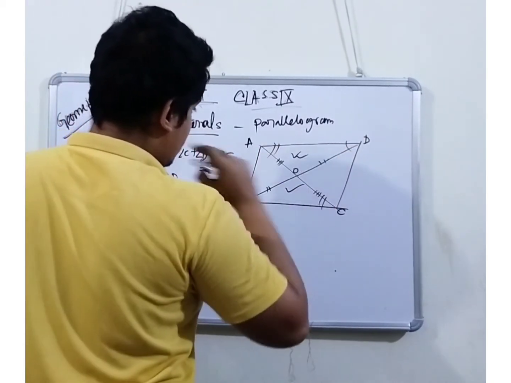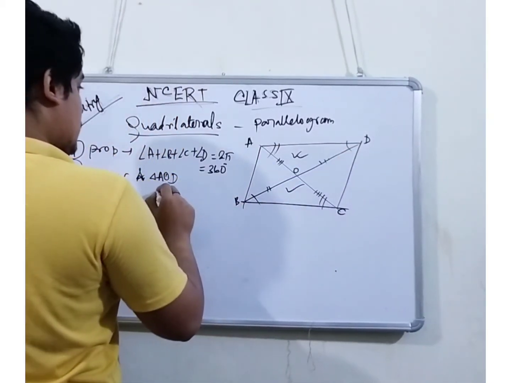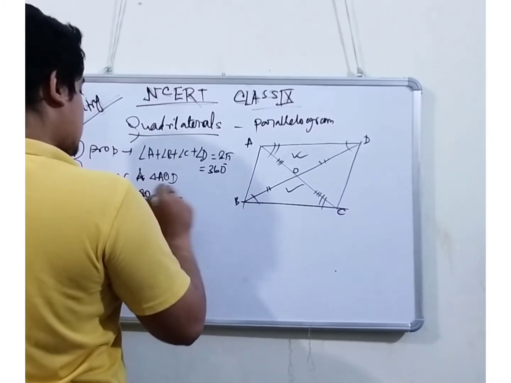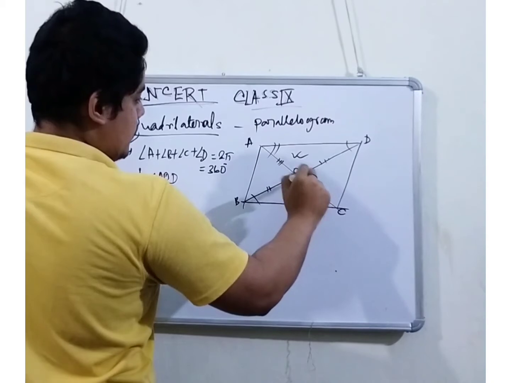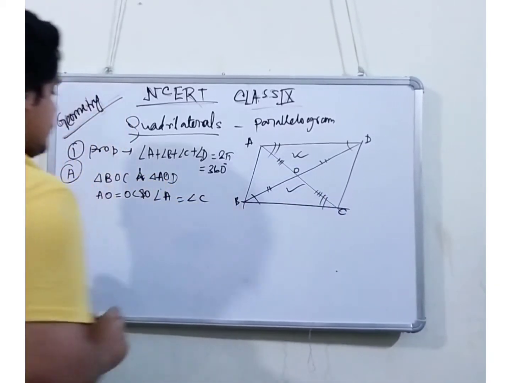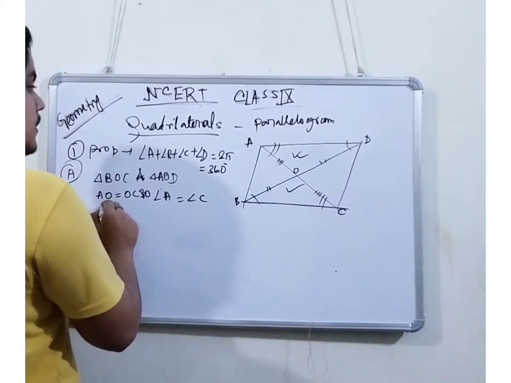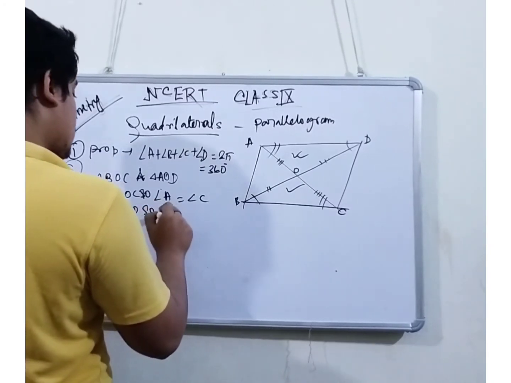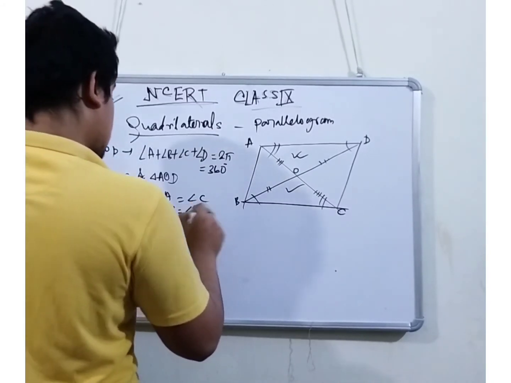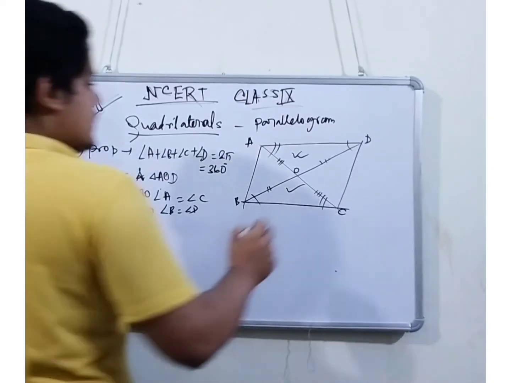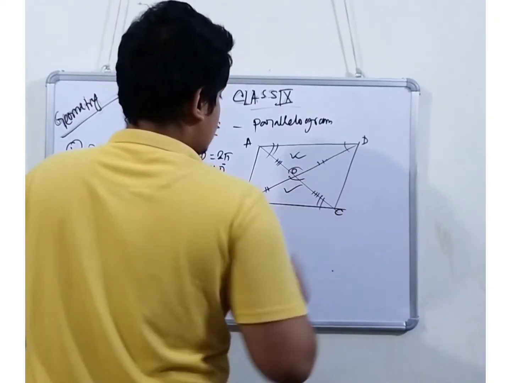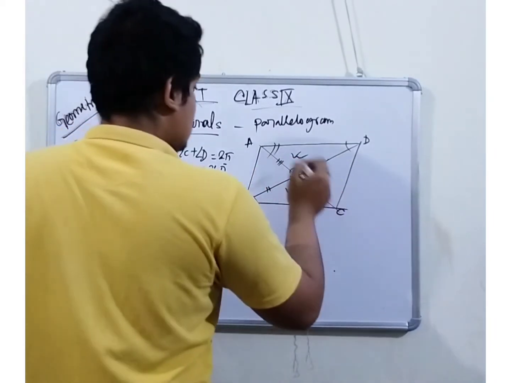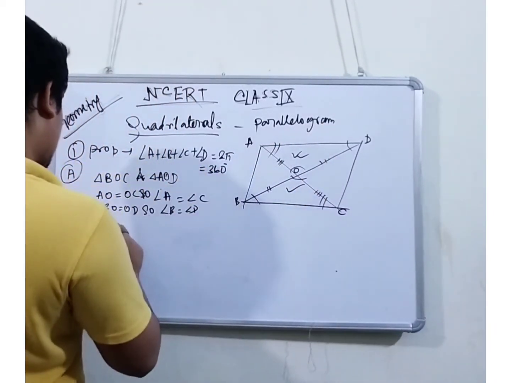So angle DAO and OCB will be equal. So angle A will be equal to angle C. Again BO is equal to OD. So angle B will be equal to angle D. So these two angles will also be equal to each other, and these two sides are equal. So these two triangles will be congruent.